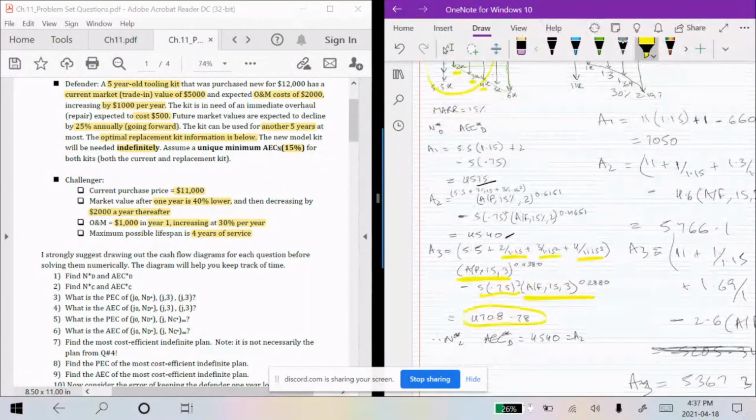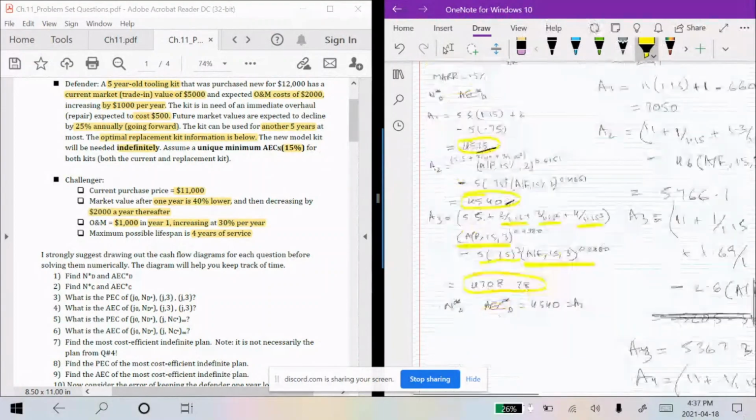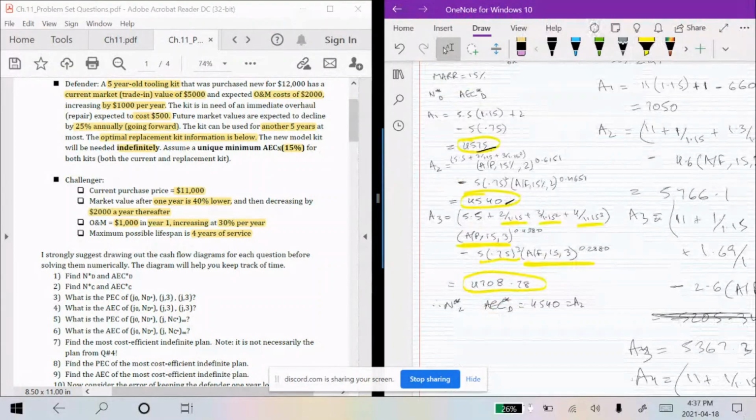Now A1 was 4575, A2 was 4540, and A3 is 4708. So you can see A2 is less than A1 and less than A3, so A2 is the minimum. That's what you need to do for these questions: find the minimum of all the A's.